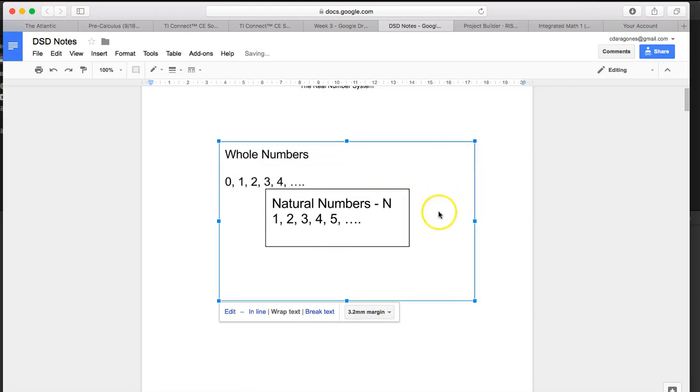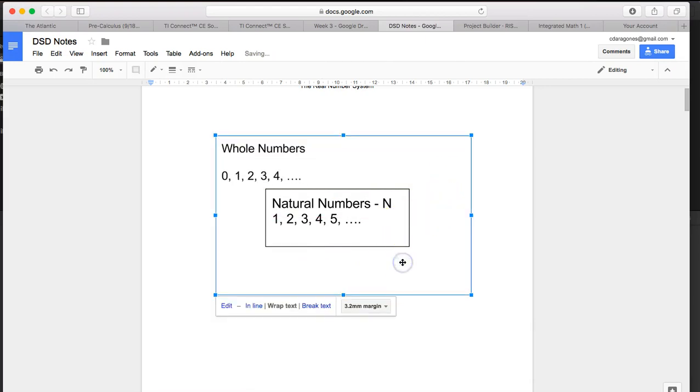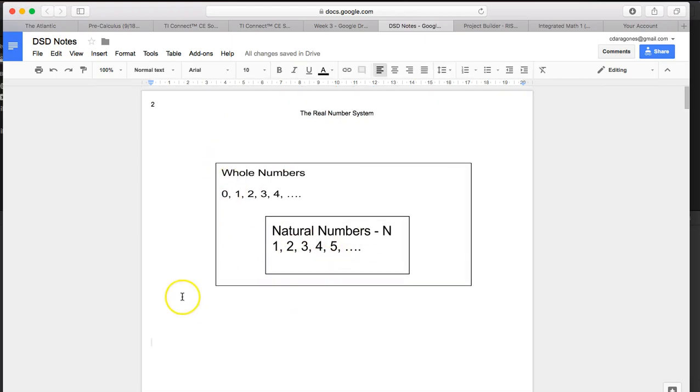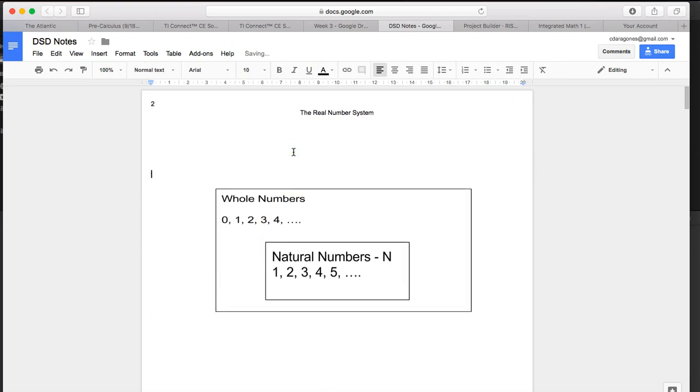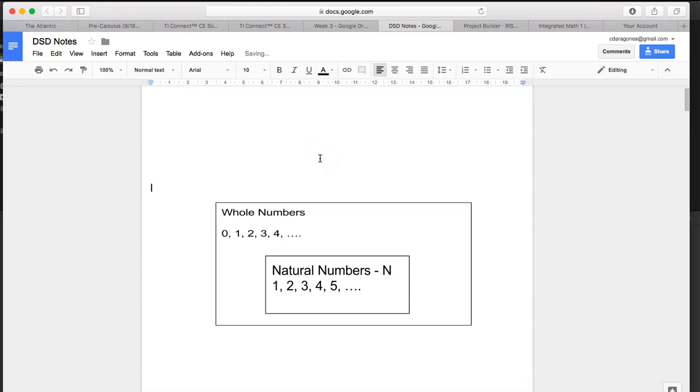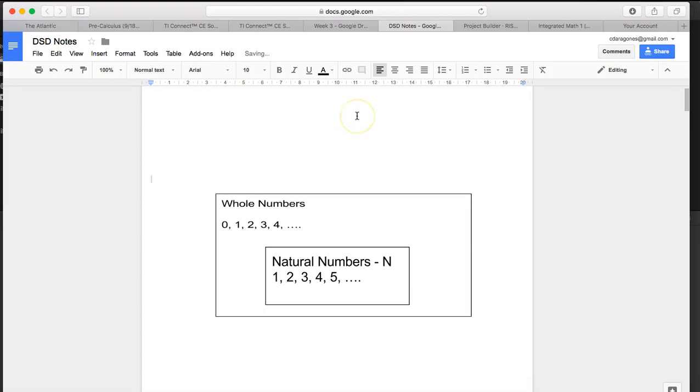As you can see, the natural numbers belong in the bucket of whole numbers. 1, 2, 3, 4, 5 are whole numbers, but the number 0 is not a natural number. It belongs in the whole numbers. So I'm going to let you pause the video, make sure you're caught up on your notes in your notebook, and then when you're finished, you can keep the video going.